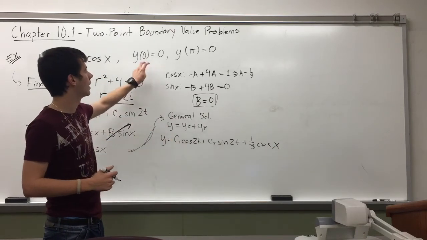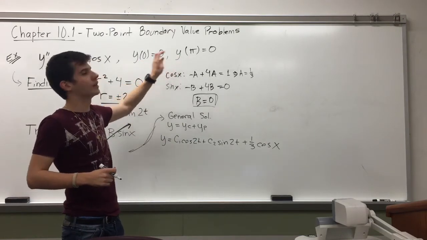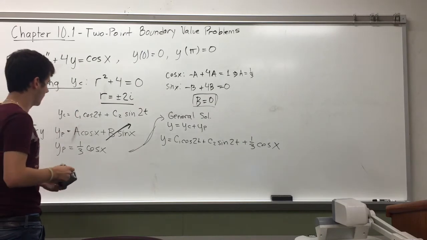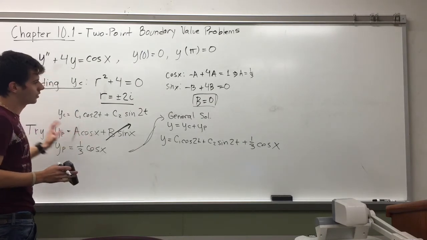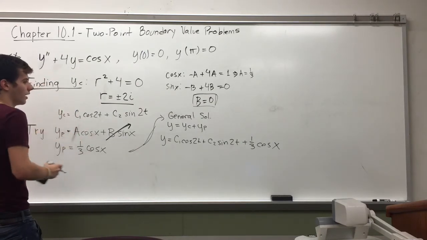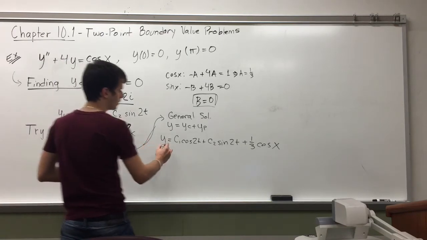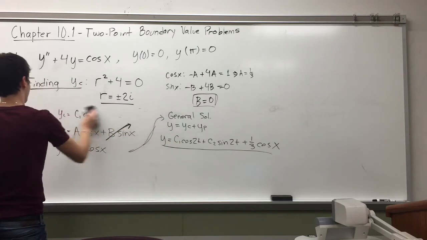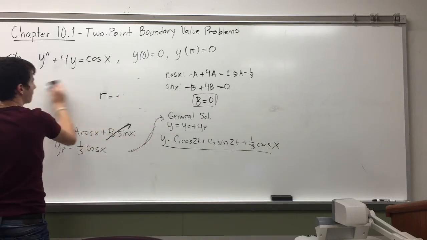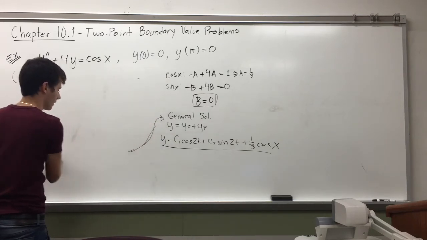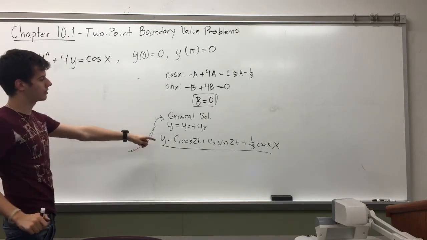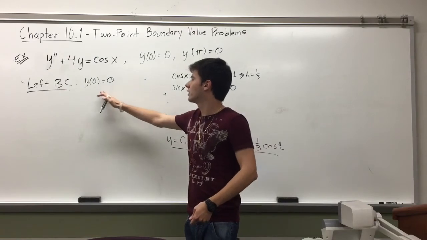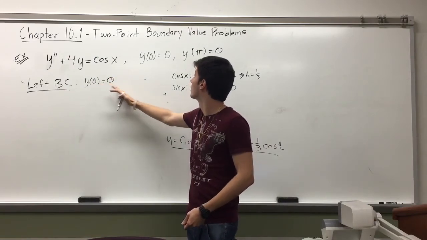Now we can go ahead and use our boundary conditions to solve our boundary value problem. I'm going to erase this part of the board so that I can have space. Here is what we're going to use, which is our general solution. Let's start with our left boundary condition, y of 0 is equal to 0.